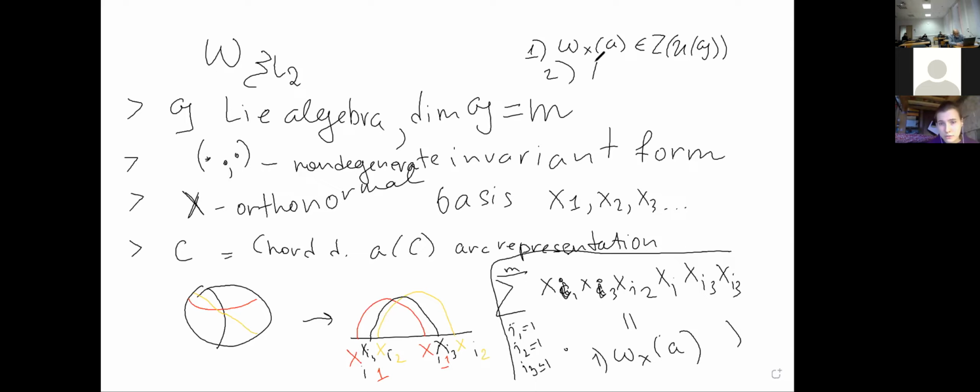This operation does not depend on the choice of A. It also does not depend on the choice of the orthonormal basis.